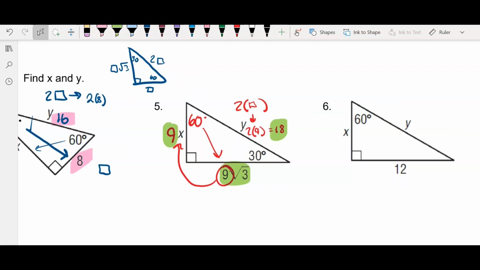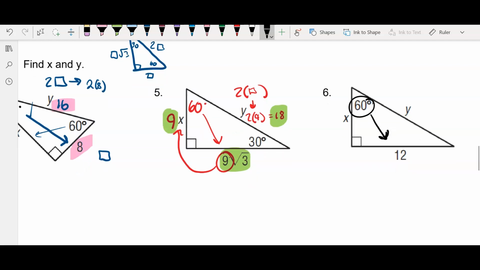Okay. Over here, across from our 60 degrees, we have 12, which is a little strange here. So now we know that it's supposed to be box root 3, right? So we're going to go ahead when we are across that 60 degrees, and we need to find the short leg.